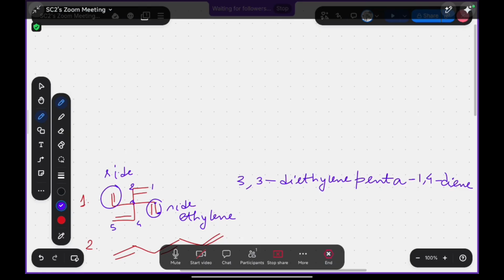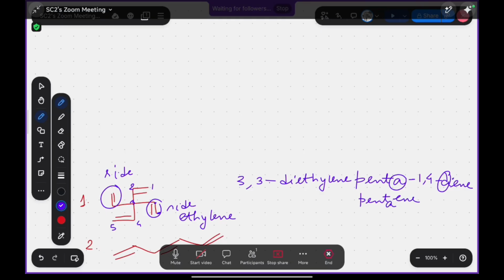Now you may say, why did I write penta? I should have written pent. Why am I writing penta? Because see, penta ends with A and di starts with D, and D is not a vowel. So 2 vowels are not together. That is why it is possible to write penta. If it would have been ene, then what would you have written? It is pent ene, not penta ene.